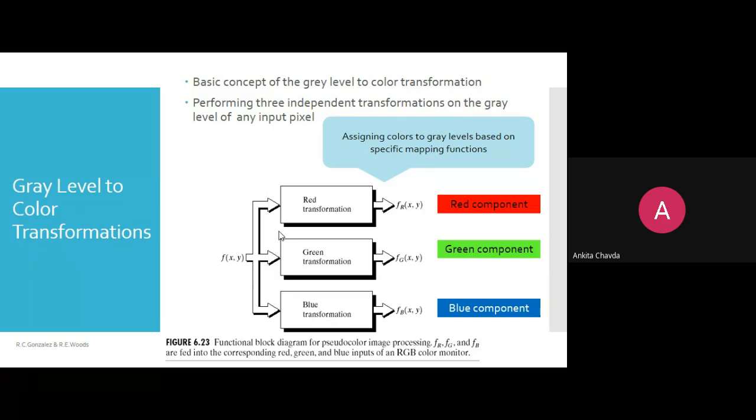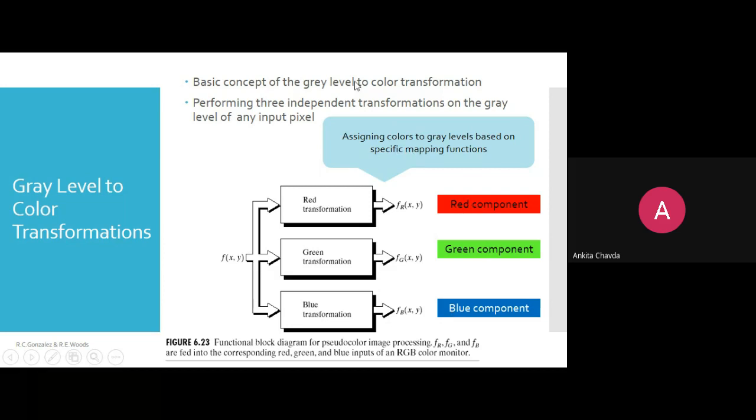So you have to give this f(x,y) for processing to the red transformation, green transformation, and blue transformation. Based on the criteria, it will generate the color. So the final output would be your fR(x,y), fG(x,y), fB(x,y). That is the red, green and blue component respectively.